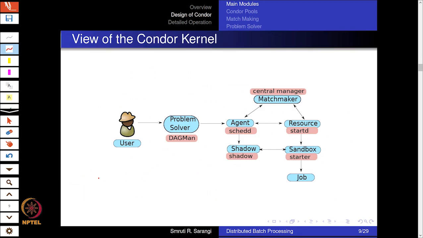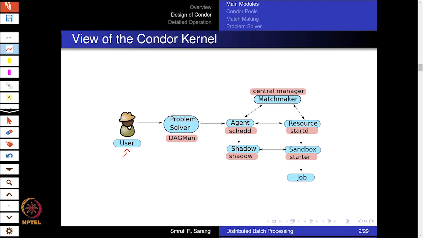So the structure of the Condor system, the Condor kernel, is like this. We have the user, then we have the problem solver. The problem solver is essentially a software module which takes the structure of the jobs that are represented as a directed acyclic graph.